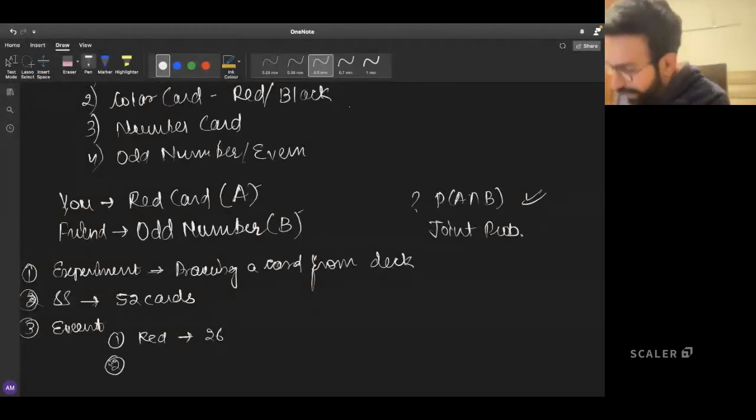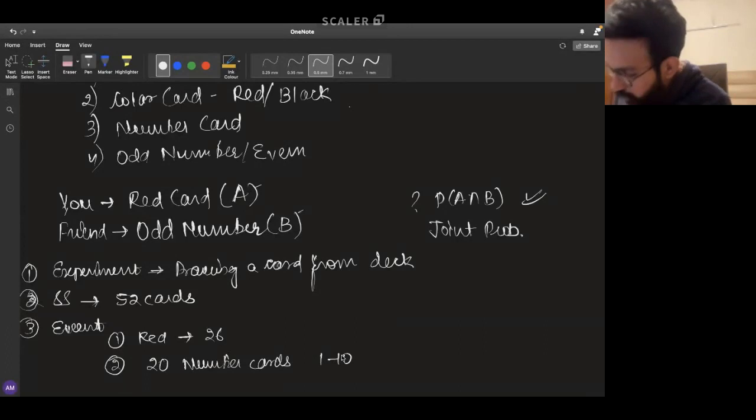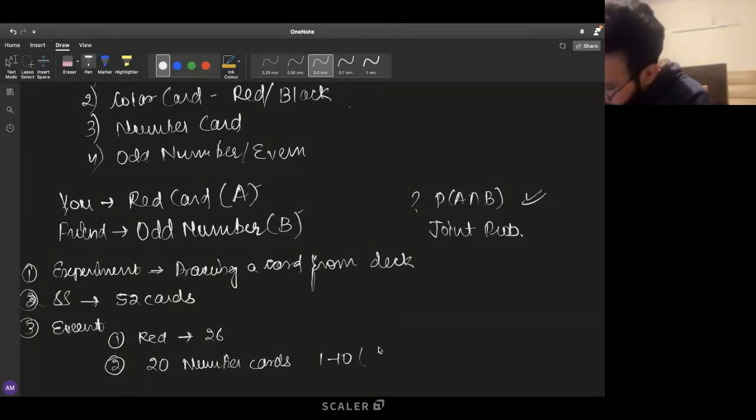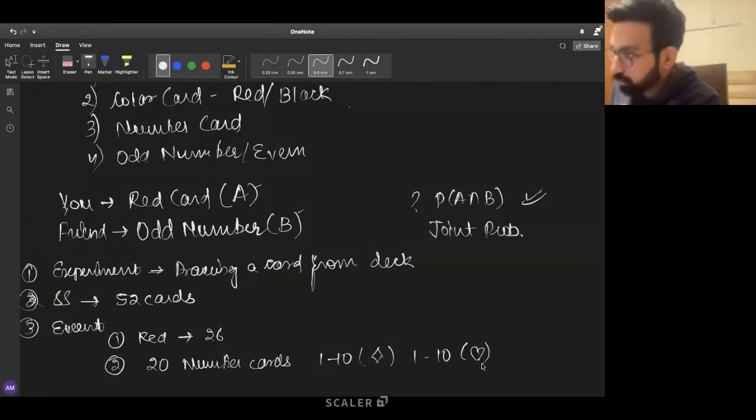Now, out of those red cards, how many of them will be odd numbers? First, let's look at how many numbered cards there would be. So we'll have 20 numbered cards, right? We'll have cards from 1 to 10 for diamonds, and 1 to 10 for the other one, I think hearts.